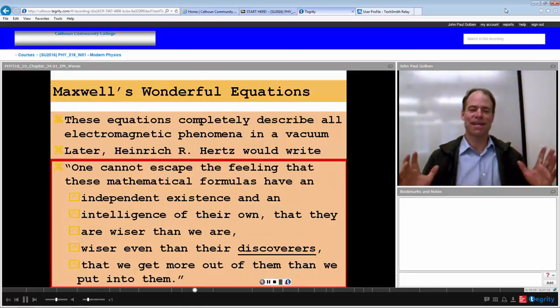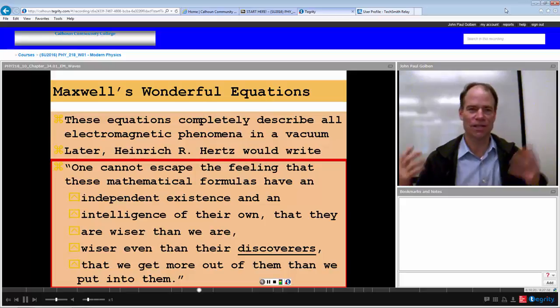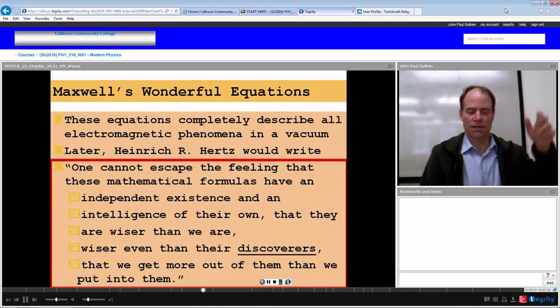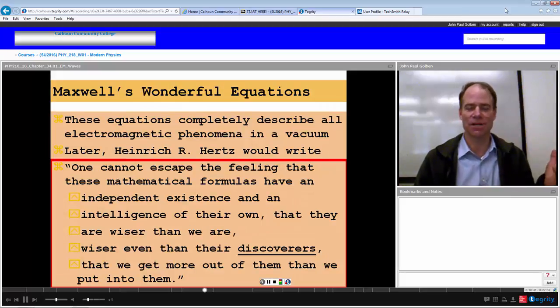I love this statement, and the middle part where it says wiser even than their discoverers puts a thought in about scientists. When they discover something, a lot of times they give themselves the credit for that phenomena, even though that phenomena exists whether they discover it or not. Like if Newton discovers gravity and describes gravity, well, gravity doesn't suddenly appear because Newton discovered it.